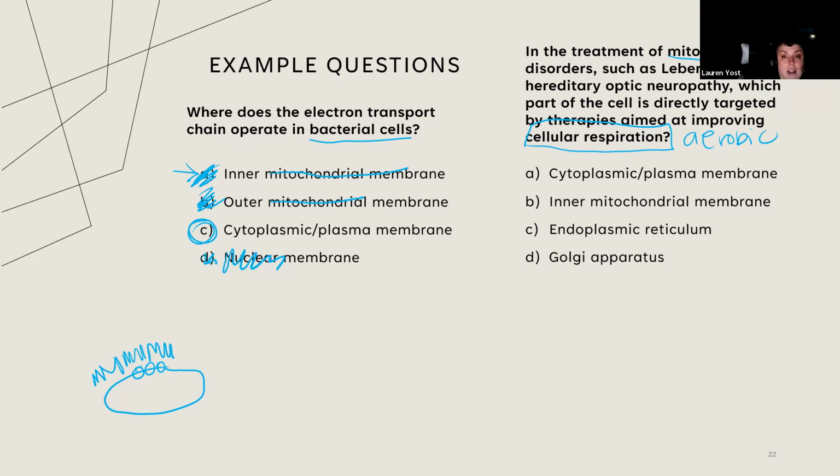So if you're treating something involved in aerobic respiration, you're going to be affecting the mitochondrial membrane, not the cytoplasmic membrane, not for people. This is a hereditary thing, for multicellular organisms, not bacteria. Bacteria are the ones that have this happen on their cytoplasmic plasma membrane. The endoplasmic reticulum is the site for macromolecule production, especially protein production. This is our product line, and this is our packaging line, our Golgi.